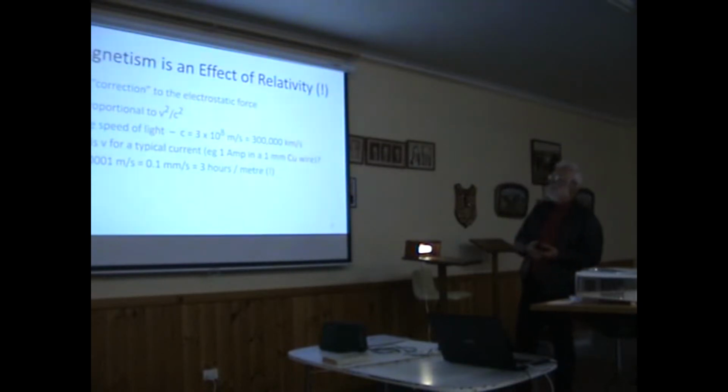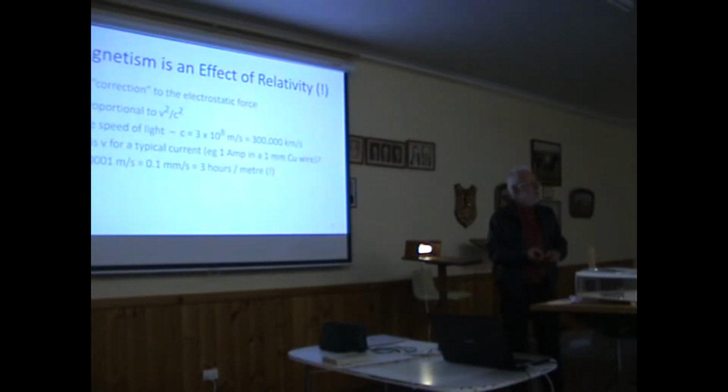And I had to look at it really carefully. It gave me a speed which is a 10,000th of a metre per second. That takes 3 hours for the charges to move a metre if you've got 1 amp flowing in a wire.